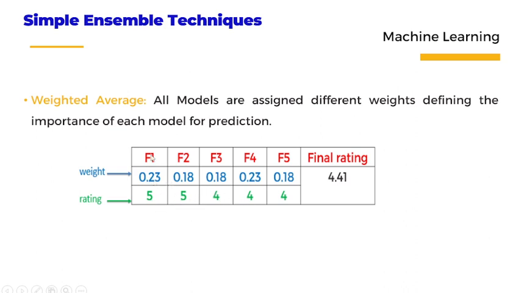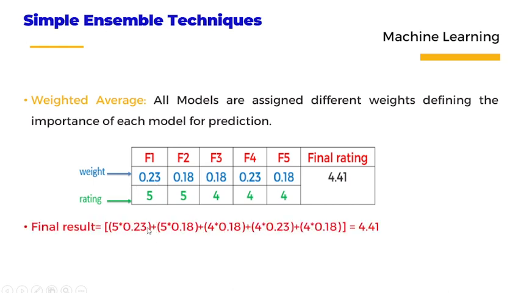Along with the rating, we are giving the weight. To calculate the final result, we multiply the rating and weight, take the summation of that, and finally we get 4.41 as the result.